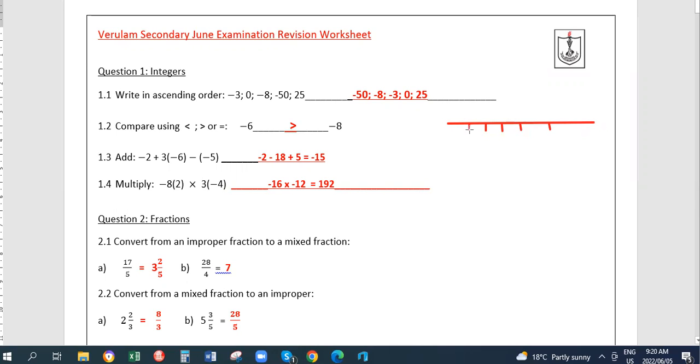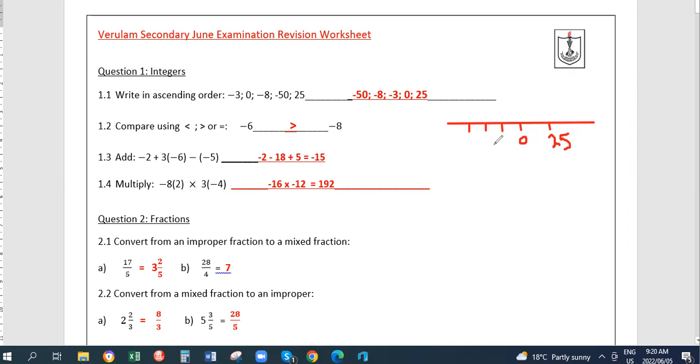They're going to increase. So if you have 0 here, then this may be, for example, 25. 25 is on your right, so it's going to increase, going from lowest to highest.